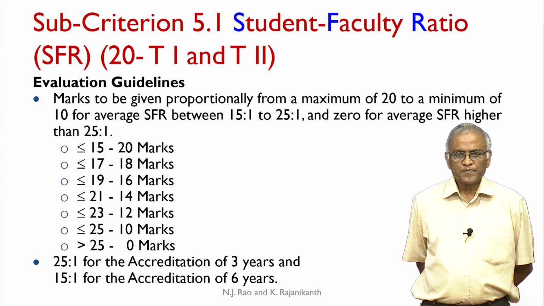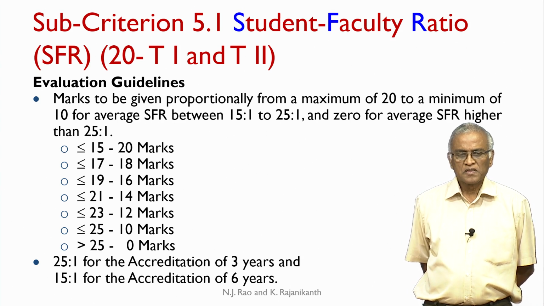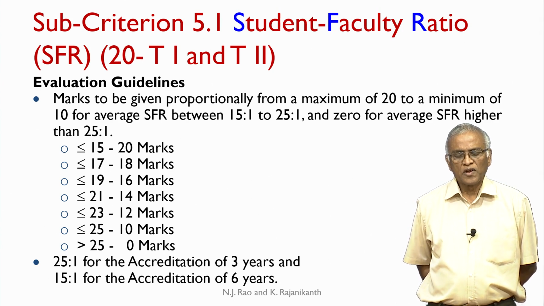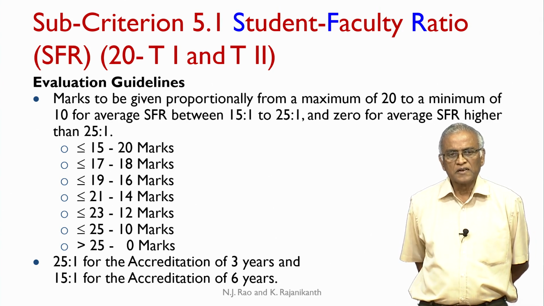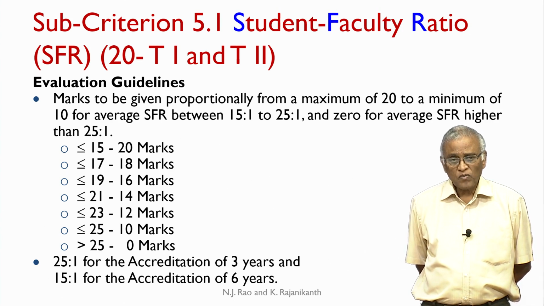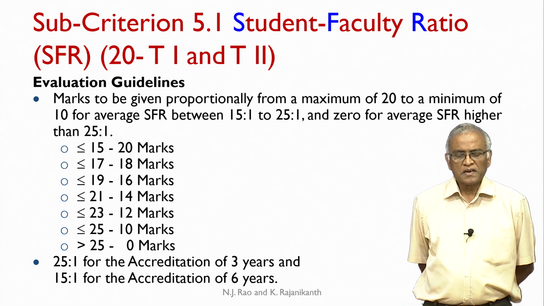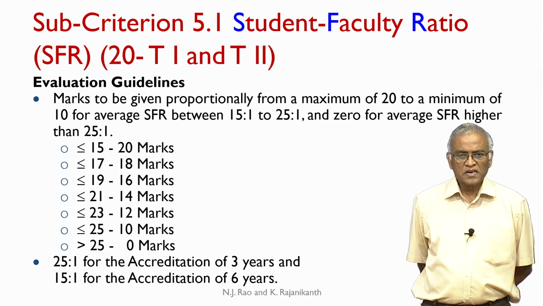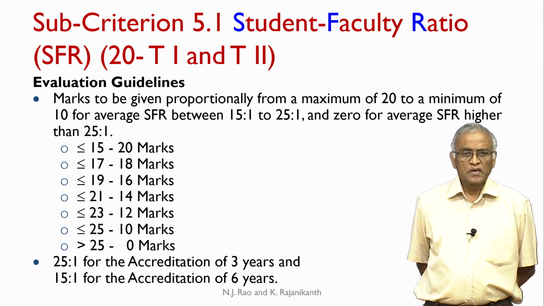For example, if the SFR is higher than 25, the department gets 0 marks. In fact, that will be one of the methods by which they will screen, before you submit SAR; there are pre-qualification criteria, and it will come under that. Earlier the required student faculty ratio was 15, but now that has been relaxed to 20.